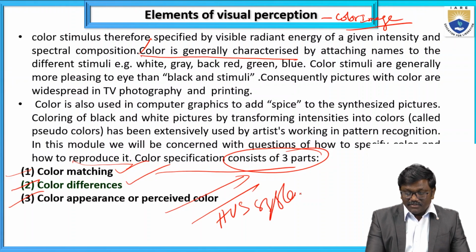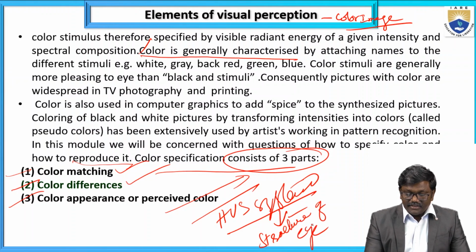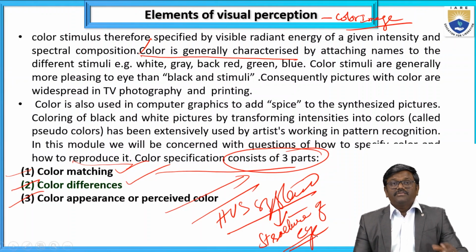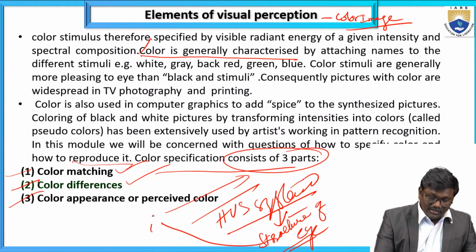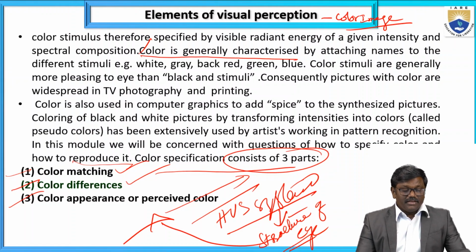The HVS is prepared in terms of the structure of the eye. Based on this, we are going to see the three different aspects: color matching, color differences, and color appearance, or perceived color.